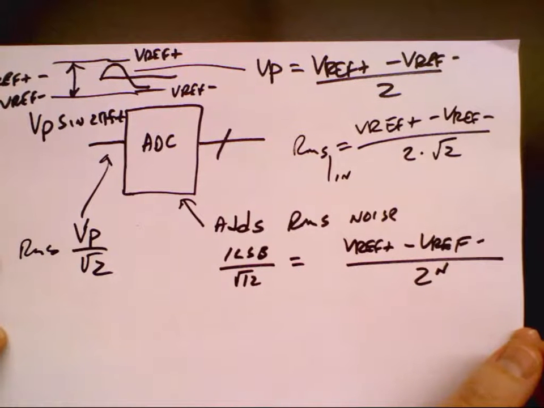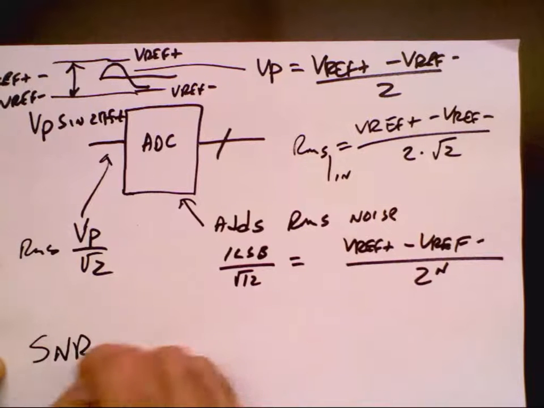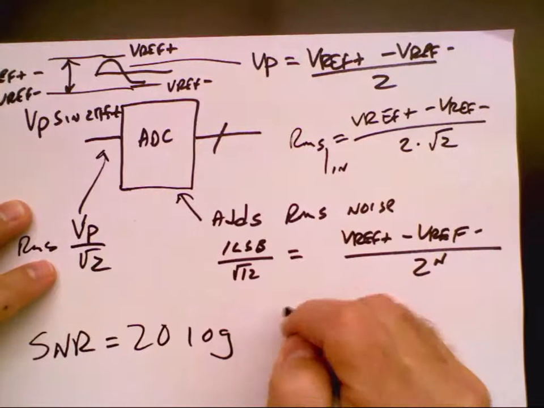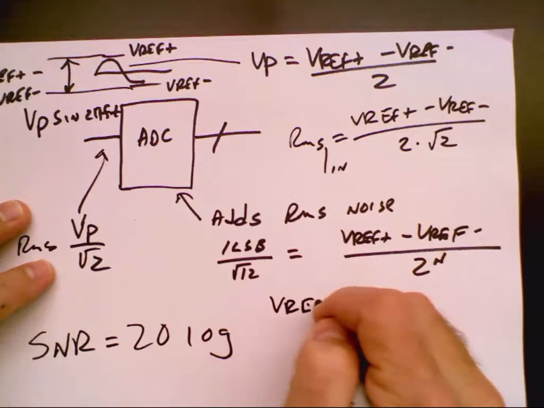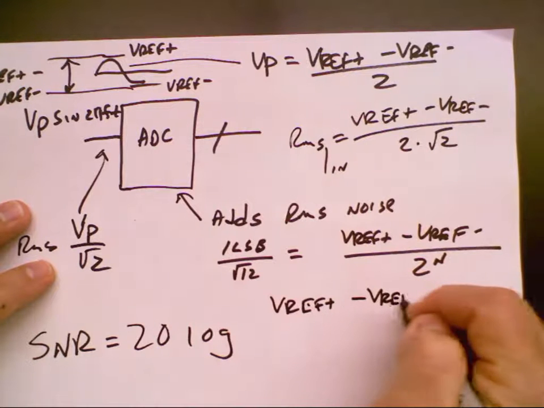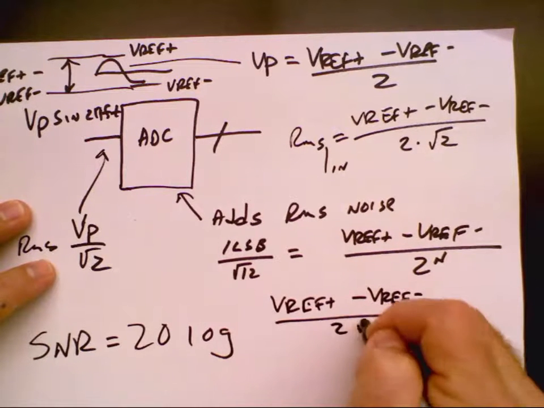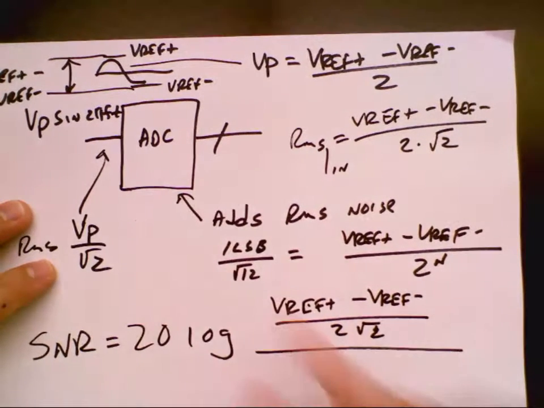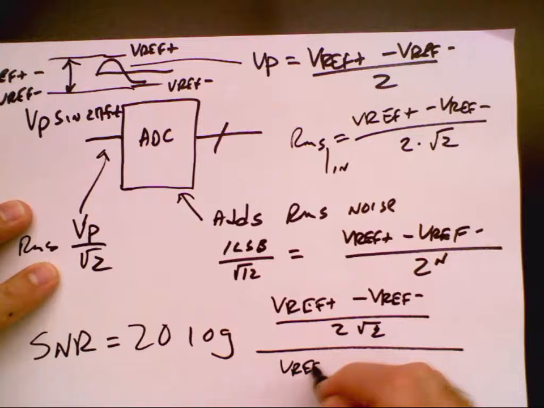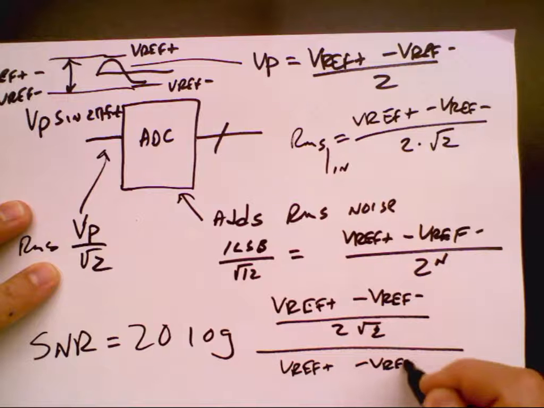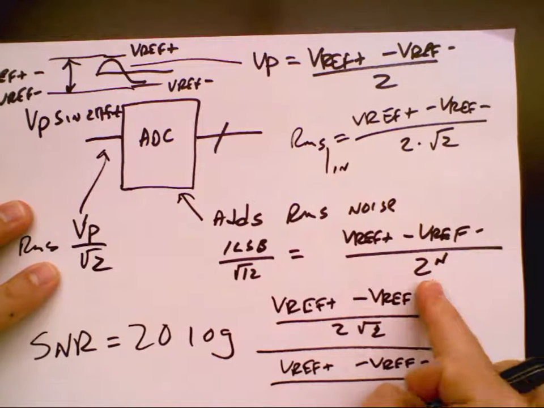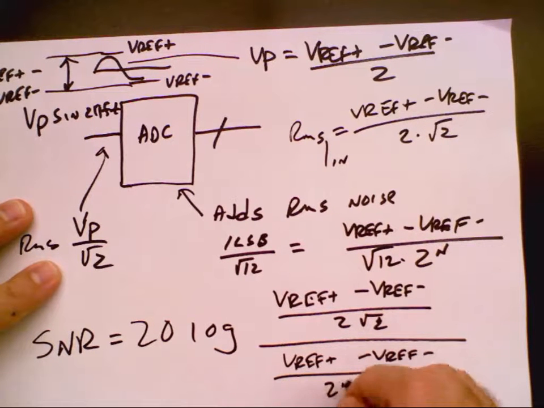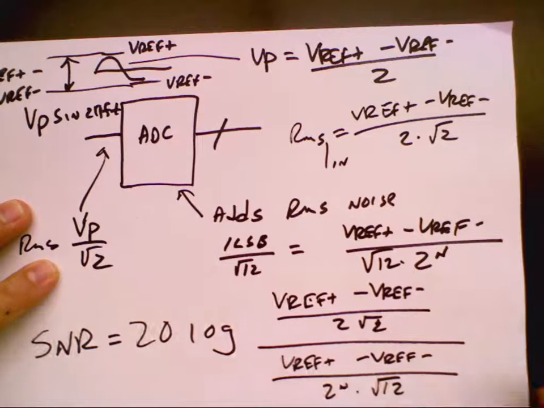Yay? So then my SNR is equal to 20 log, putting it in dB, of my peak input, which is (Vref plus minus Vref minus) all over 2 root 2, divided by 1 LSB over square root of 2, which is (Vref plus minus Vref minus) all over 2 to the n times the square root of 12.